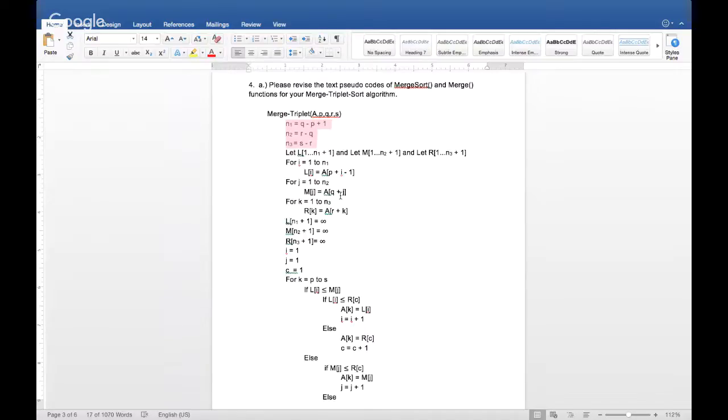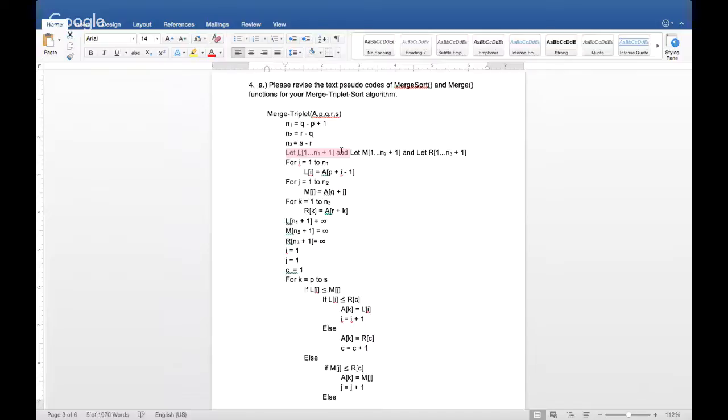This will compute the end index for each of the arrays. So for here, also in this book, I get a little confused because sometimes they use 1 versus 0. So I tried to keep that consistent as well.